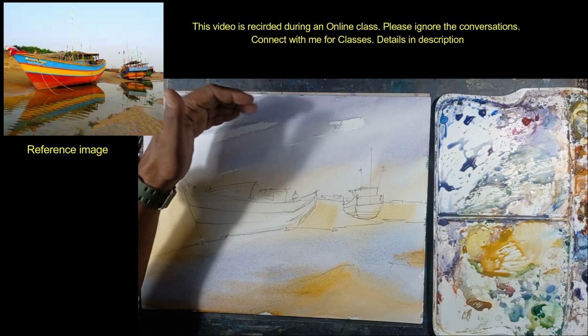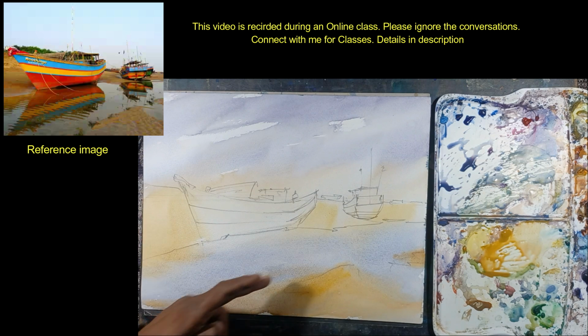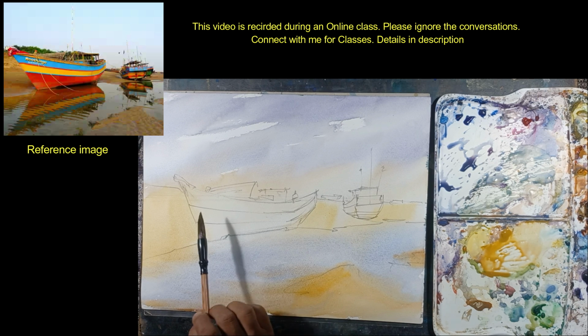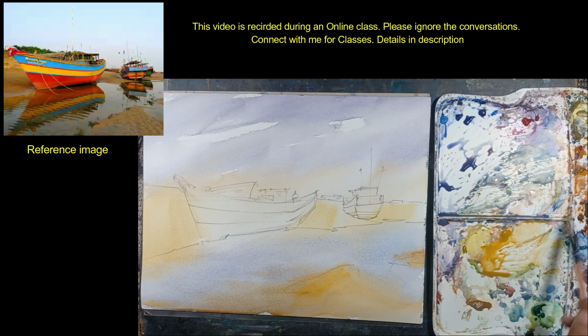I have covered the sky, the ground, the background here, and the water also. But the detail of the boat, the distant boats, a little bit of reflection here and there, and the texture of the sand, etc., is pending. So that we will do in the next phase. Understood? Now what I can do is add a little texture like this, the texture of the sand also.